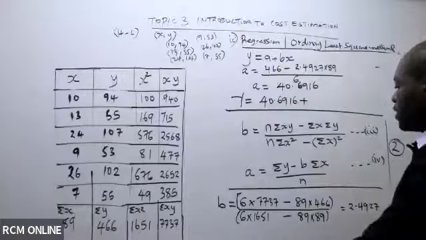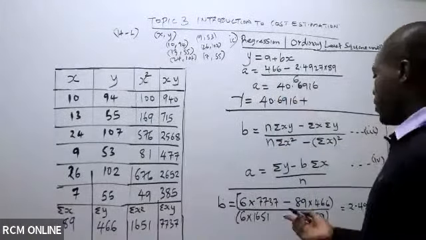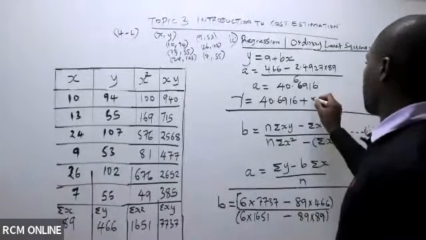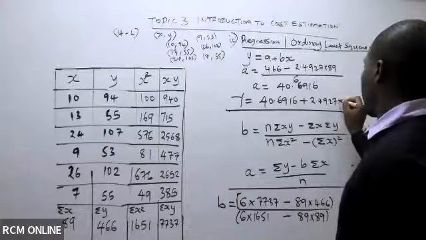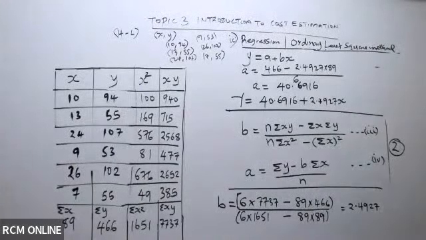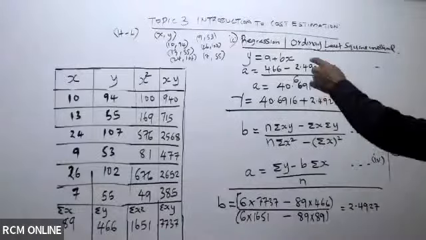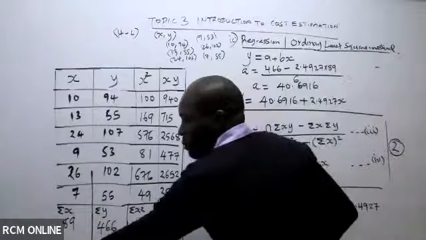Of course, what if the value of b was negative? We put minus bx. But because the value of b is positive, it is plus 2.4927x. That is our cost function using which method? The regression or ordinary least squares method.